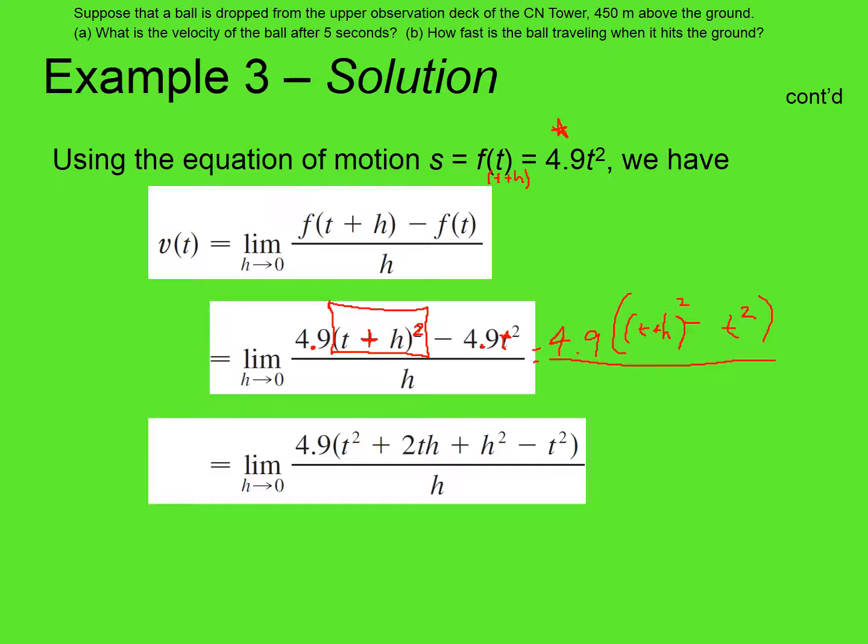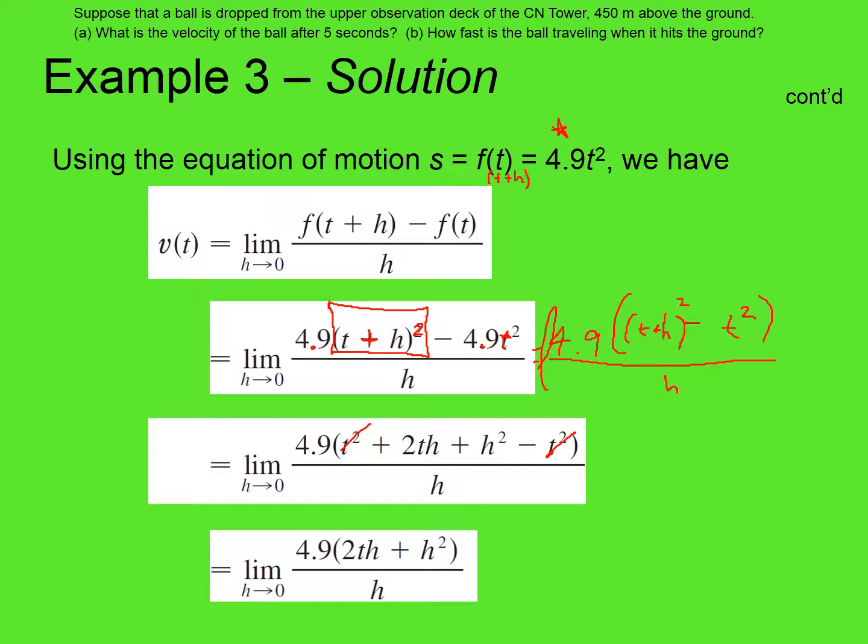And then simplify the part inside the big parentheses. And so we'll expand the square of t plus h the way we said, and then there's also that minus t squared. Well, you can see the canceling that's going to happen. And h is going to be a factor of each of the terms in the numerator.